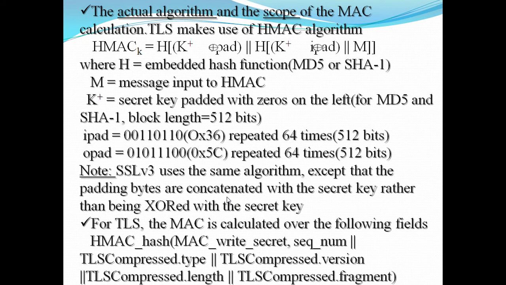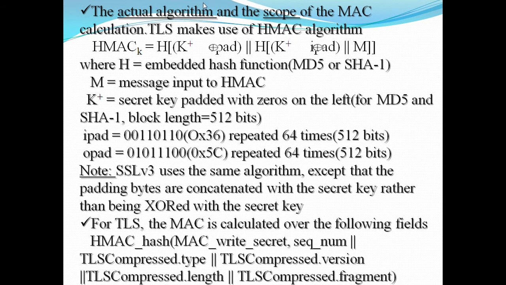And TLS uses the HMAC protocol, hash message authentication code. Similarly, you can use padding of parameters like SHA-1. In the previous SSL record protocol, we discussed all those things. Same here, HMAC is used. That means K plus is the secret key padded with zeros on the left, exclusive or with ipad.